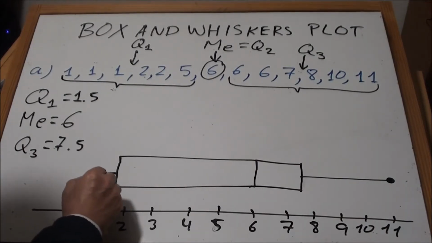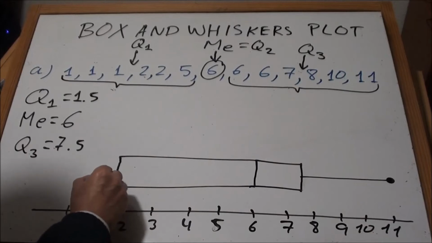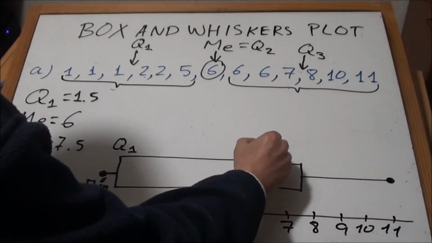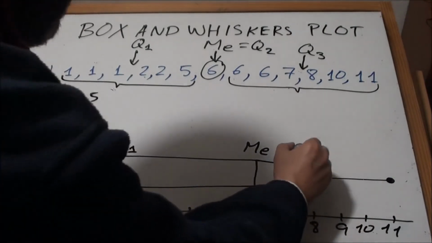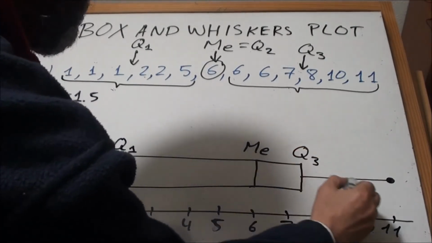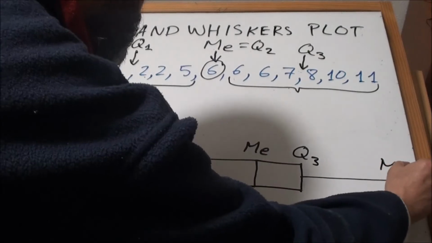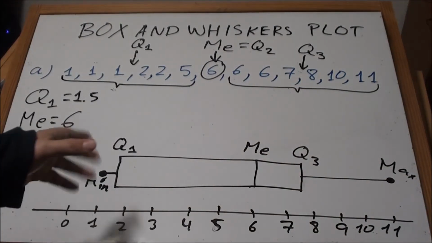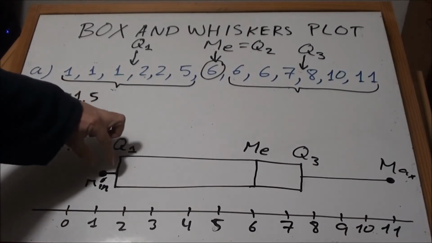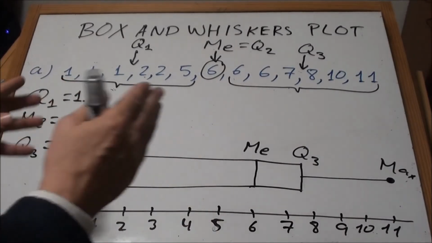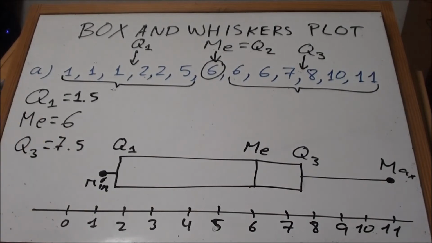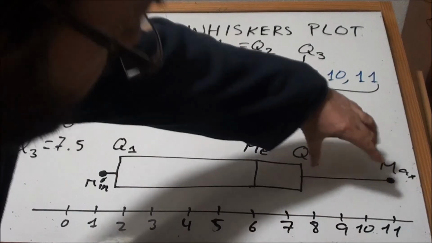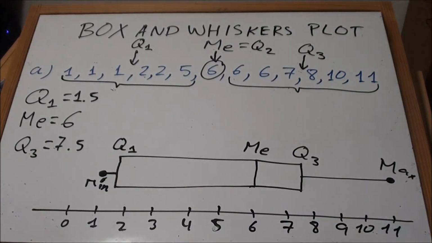So this is the minimum, this is the first quartile, this is the median, this is the third quartile, and this is the maximum. Okay, in a box and whiskers, each part of the graph contains the same number of data. So as we have 4 parts, each part contains 25% of the data.